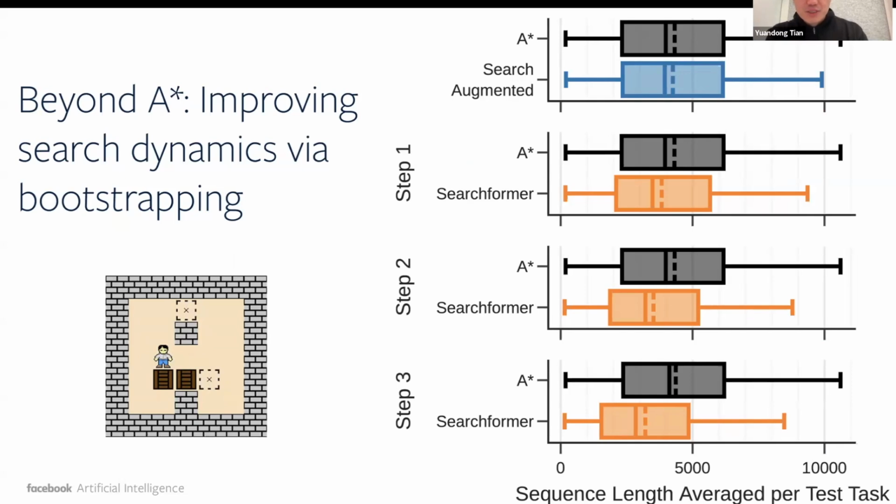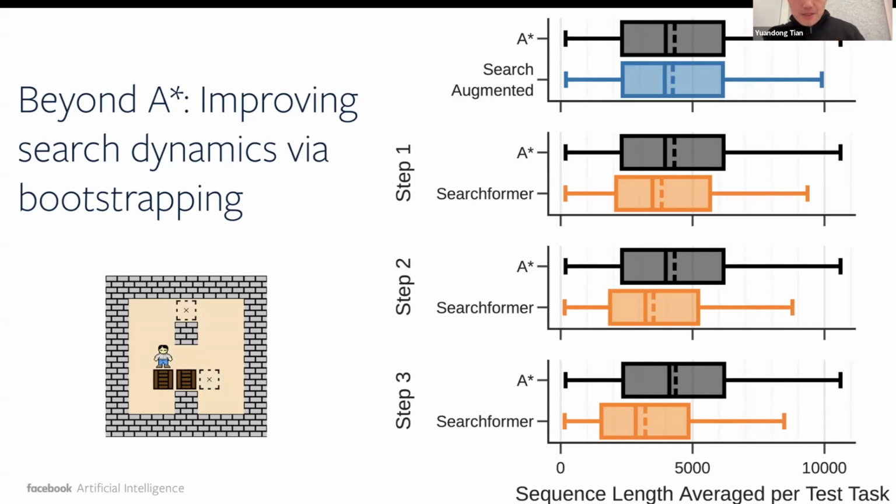For example, for this Sokoban task, you can first construct a search-augmented model following the traces given by A star, and you see the distributions are pretty similar to each other. The x-axis is the trace length distribution over different outcomes which are optimal.